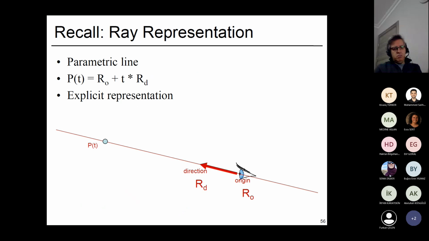My ray is just a simple R0, the starting point, plus t times RD, the direction of the ray. And the distance to this point from the origin of the ray is going to be t, right? This is how we represented it. This is called explicit representation.